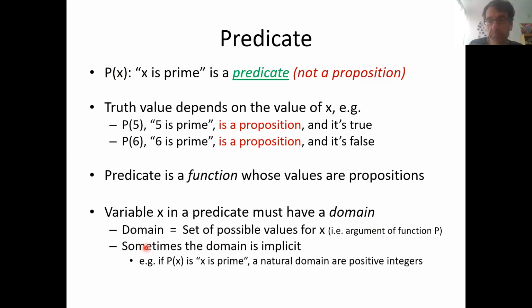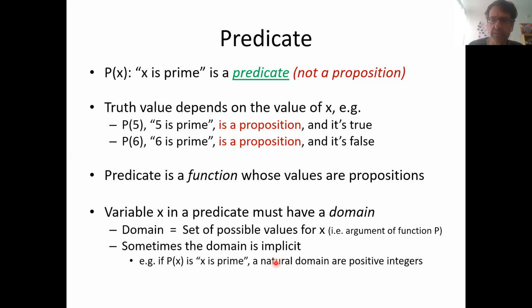Sometimes the domain can be implicit. For example, when I say that my predicate p of x is that x is prime, a sort of implicit domain is, first of all, integers. It makes no sense to talk about a non-integer number as prime or not prime. And negative numbers, nobody would say that. And also 0, right?